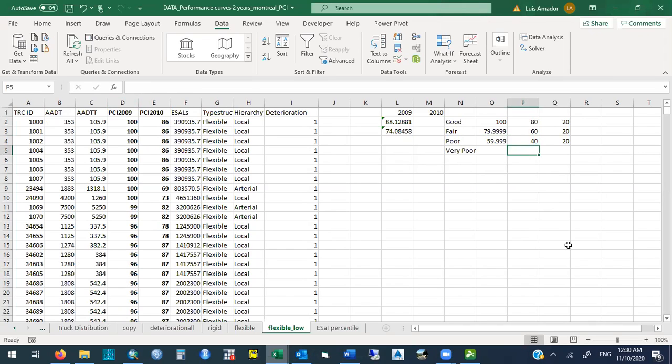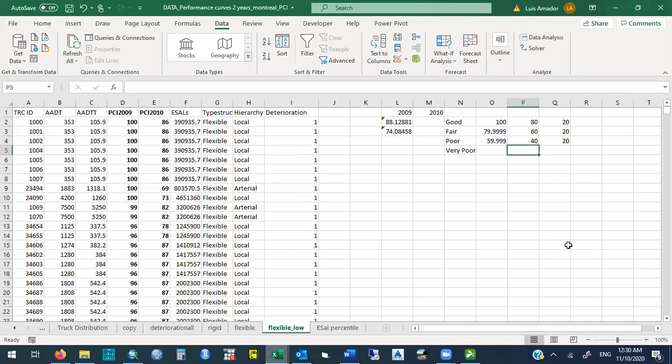I think the distribution of our data is not important here in this case, and we just have to pay attention to the definition of good, fair, and poor condition of the pavement. Correct, the distribution is not important here. It depends on the condition of the pavement. So we can use the same spans that you got.